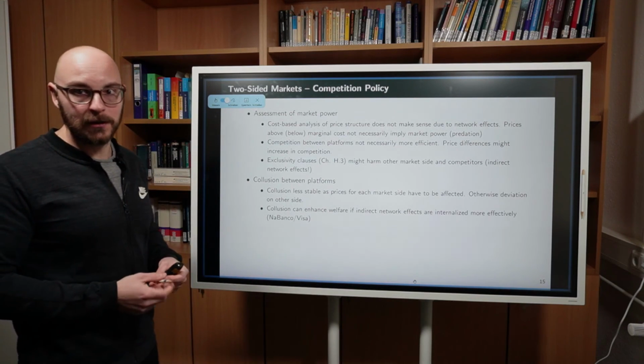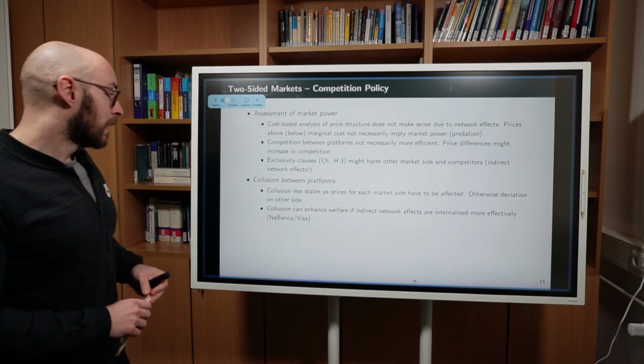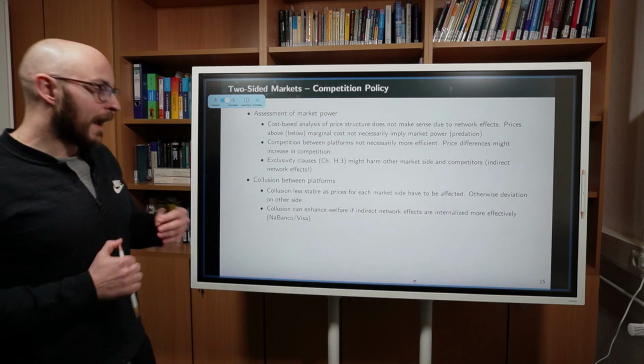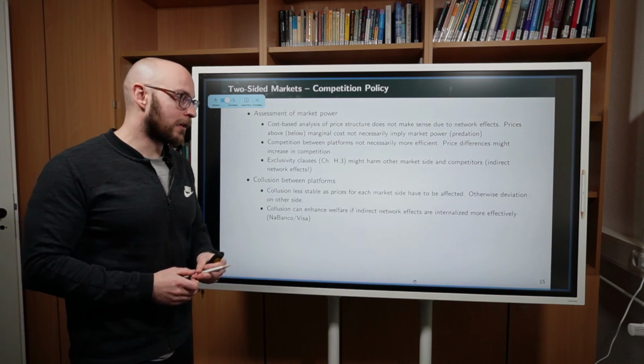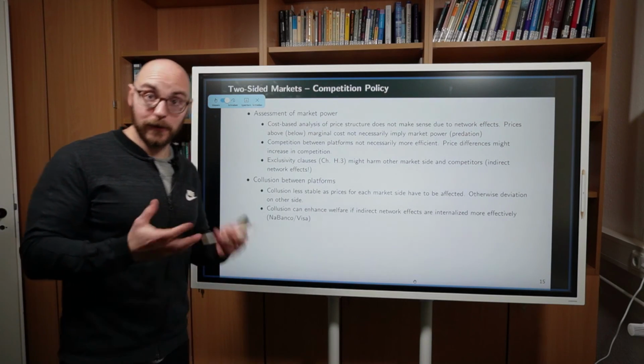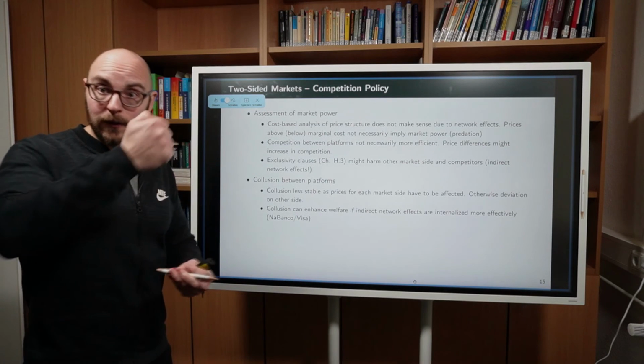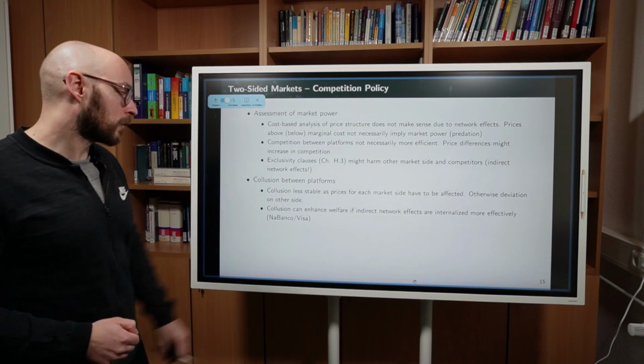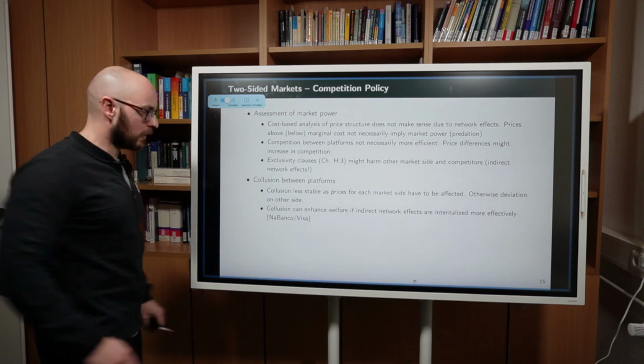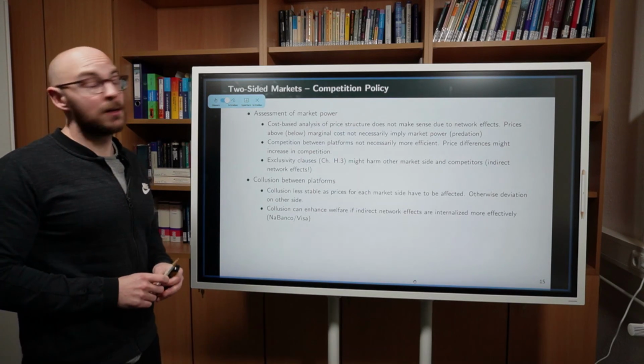So it might be pretty difficult to maintain that. And the other thing is that collusion can even enhance welfare if the network effects are internalized more efficiently, right? So we might actually collude in order to set efficient pricing schemes. And I would just advise you to take a look at the Visa case in that context.